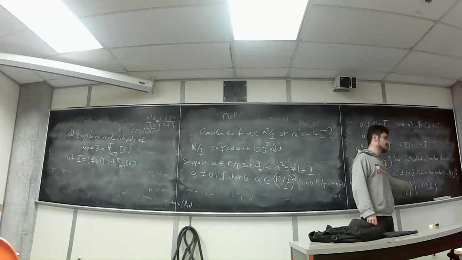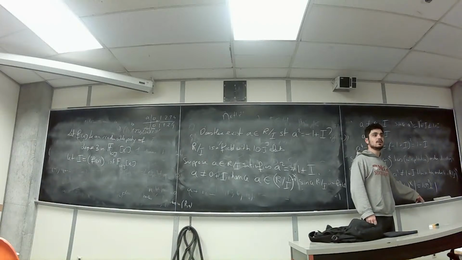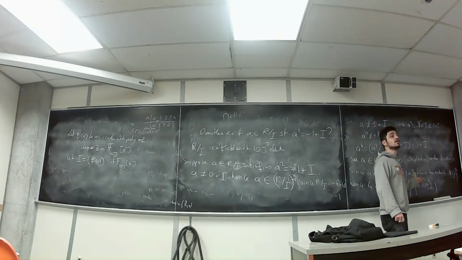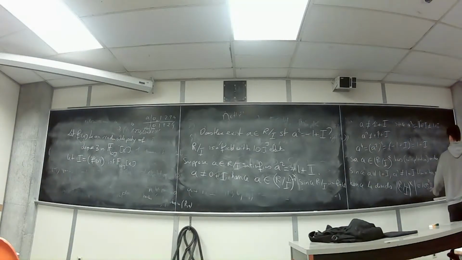Why is the cardinality of (R mod I)* 103 cubed minus 1? Yeah, and why do I get a group under multiplication if I remove 0? Because it's a field, and every non-zero element is a unit. Very good.